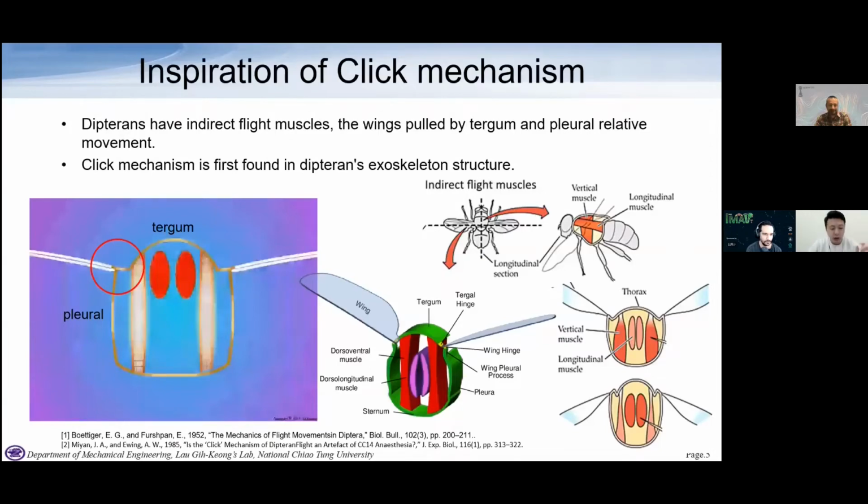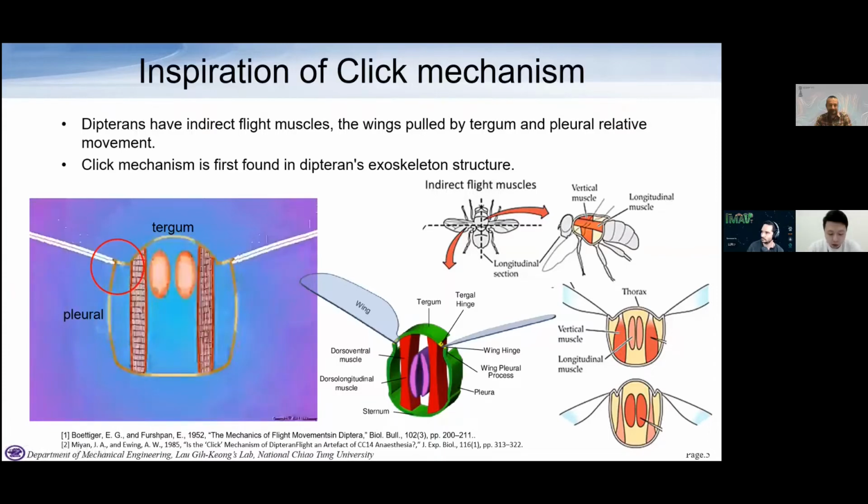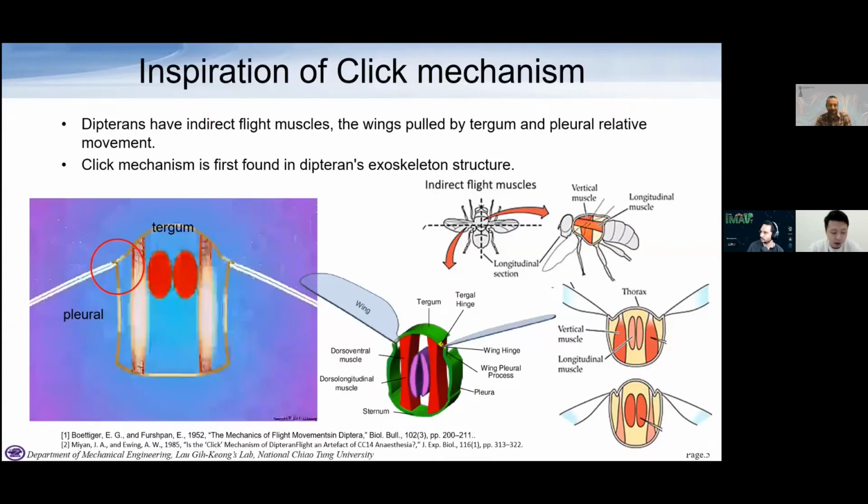The click mechanism is part of the flight mechanism in dipteran insects. Dipterans such as flies have indirect flight muscles, which do not directly attach to the wings, but pull the back of the thorax closer to the belly. The configuration of the thorax is like a lid, a pot, and the wing as a spoon.